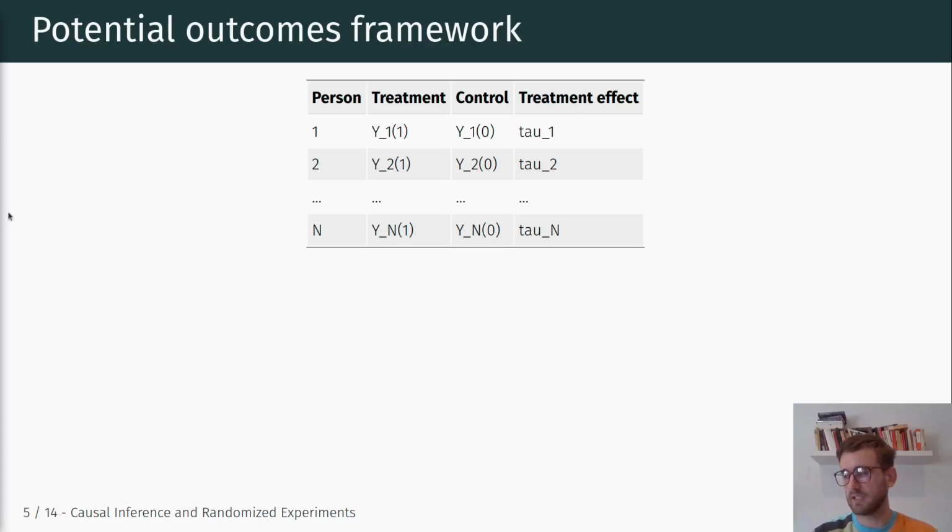So the way we can think about this is that for any given observation, if we have a binary treatment, so one treatment and one control group, we have two potential outcomes. Those are the values of our outcome measure under the condition that that observation would have received the treatment.